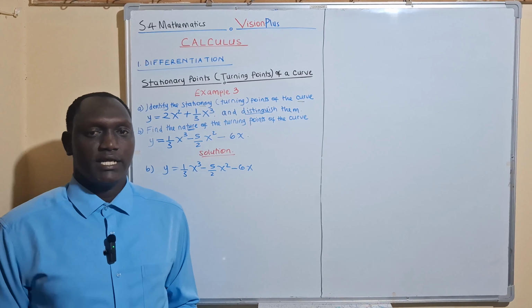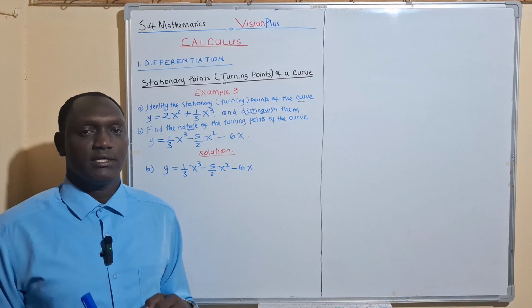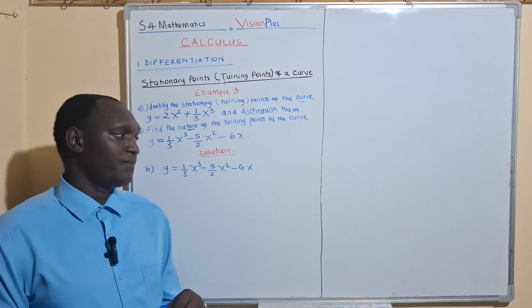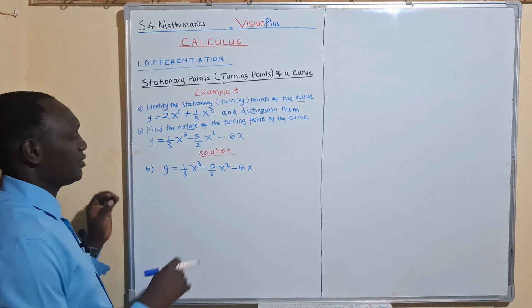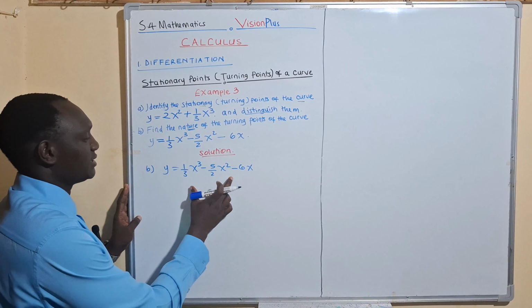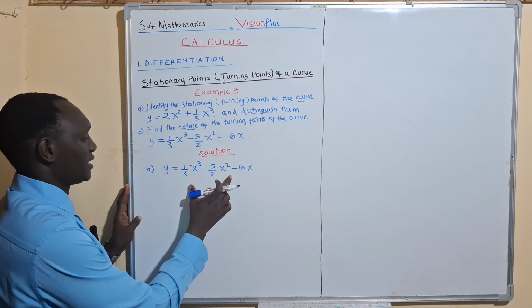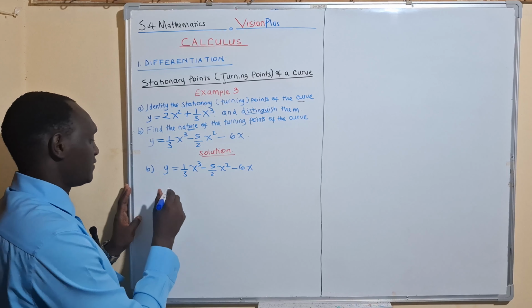Before we get the nature of the turning points, let us first get what the turning points are. To get the turning points, we need to find the derivative of the curve, that is the gradient function.